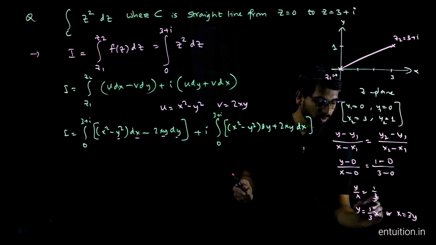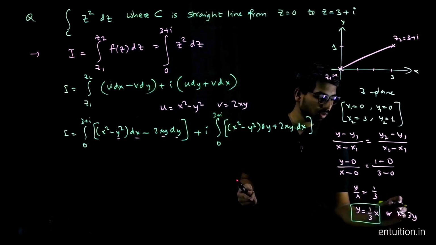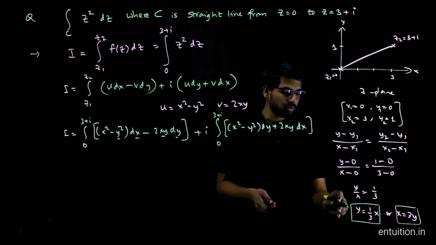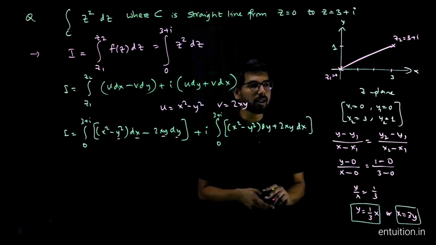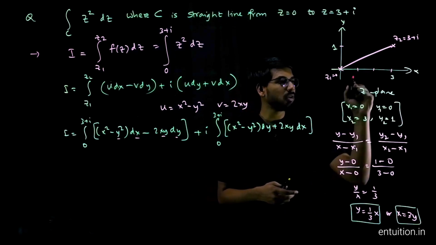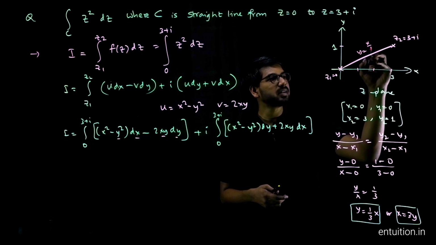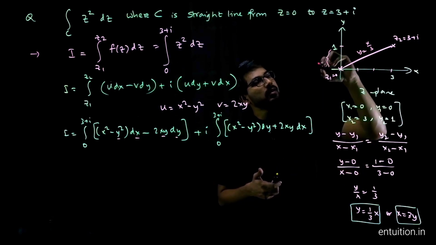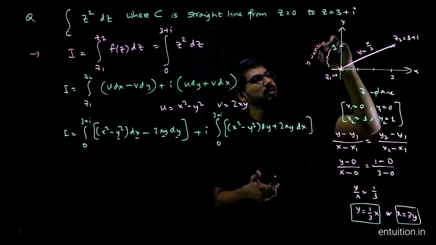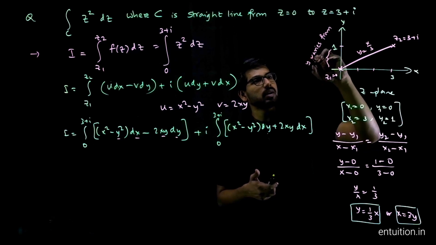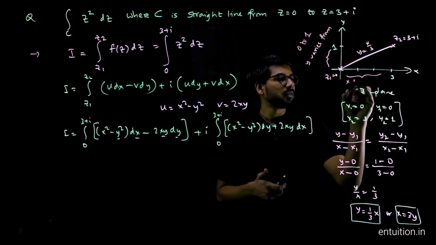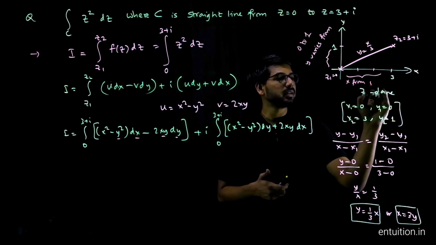So you can either replace all the y's or all the x's in this equation. This is the equation of this line, y is equal to x by 3, and what we know is y varies from 0 to 1, and x from 0 to 3.